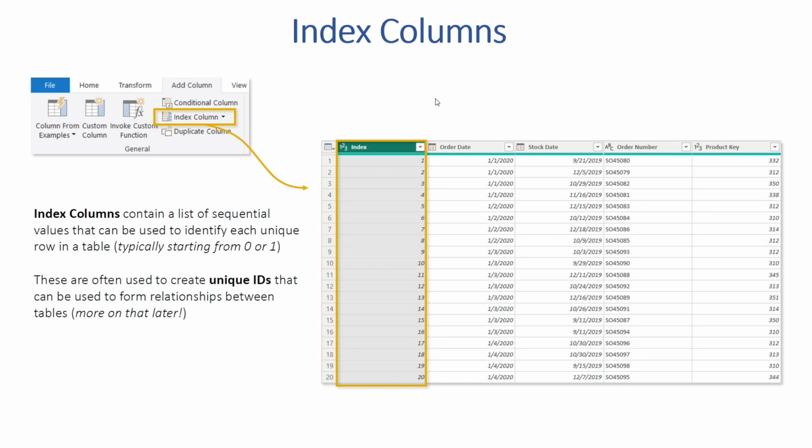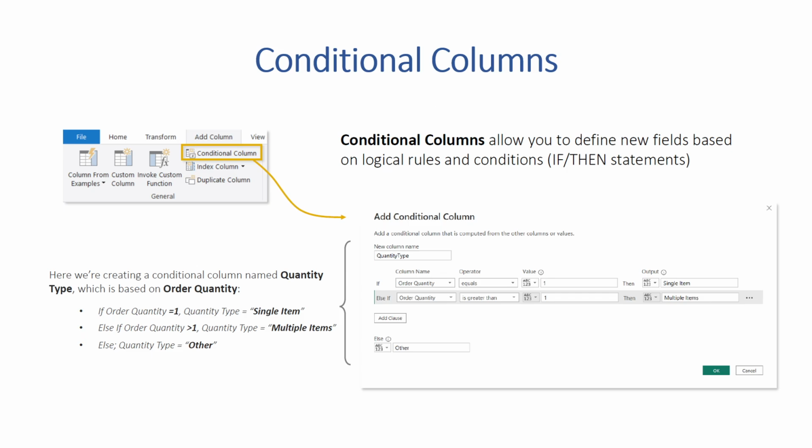Let's try to understand the conditional column. In the same way, open Power BI, Power Query, and click on Add Column. The first option is the conditional column. A conditional column allows you to define a new field based on a logic, rule, or condition.